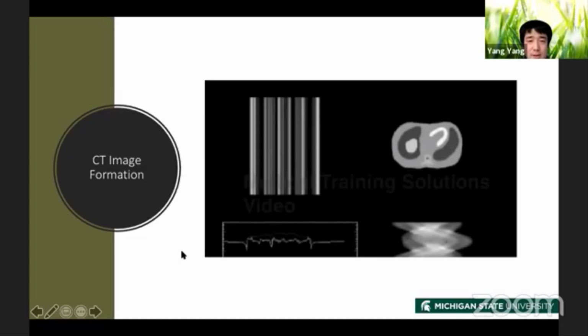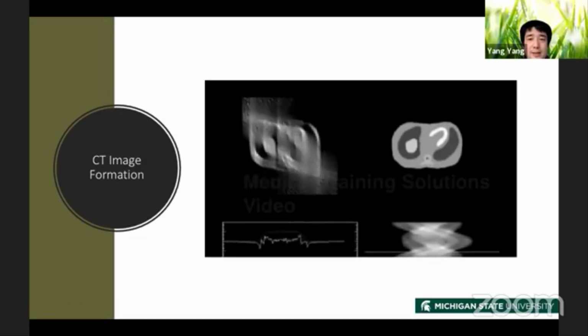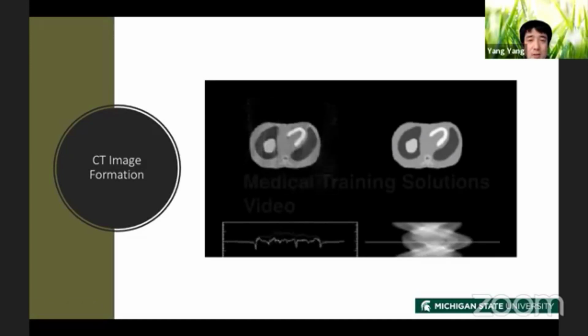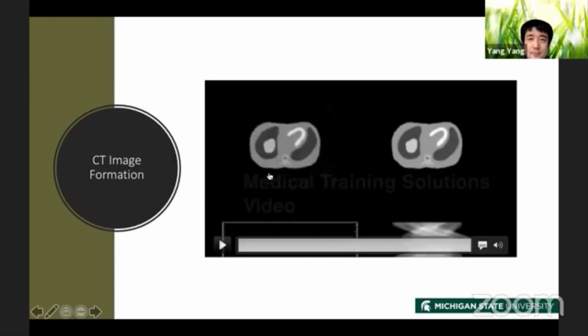The idea is that we use the data slice by slice to reconstruct the information and then put them together. On the left-hand side, this is the reconstructed image using our algorithm. On the right-hand side, this is the original image.